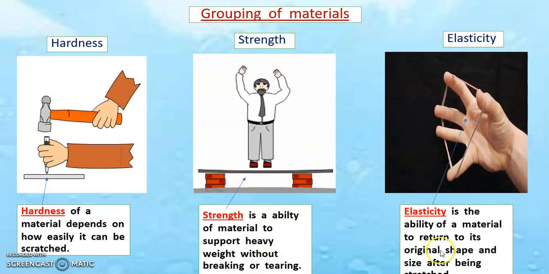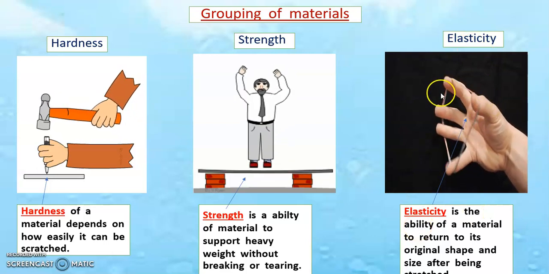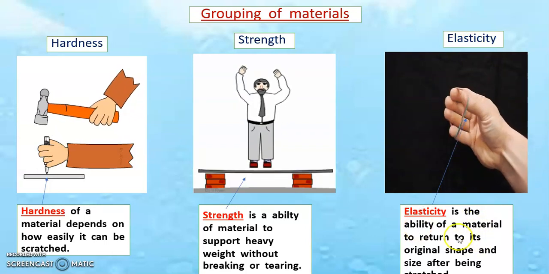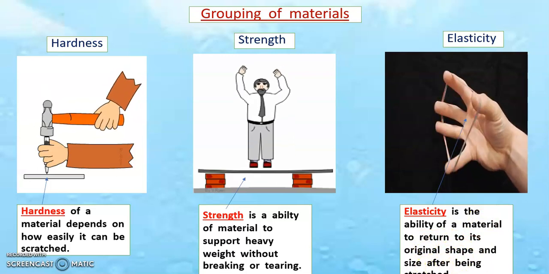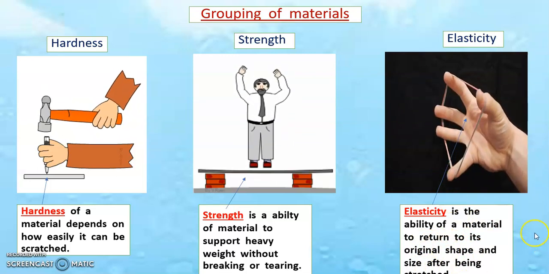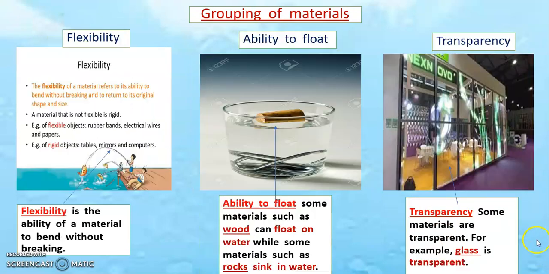Number 3 is elasticity. Elasticity is the ability of a material to return to its original shape and size after being stretched. Number 4, flexibility. Flexibility is the ability of a material to bend without breaking.